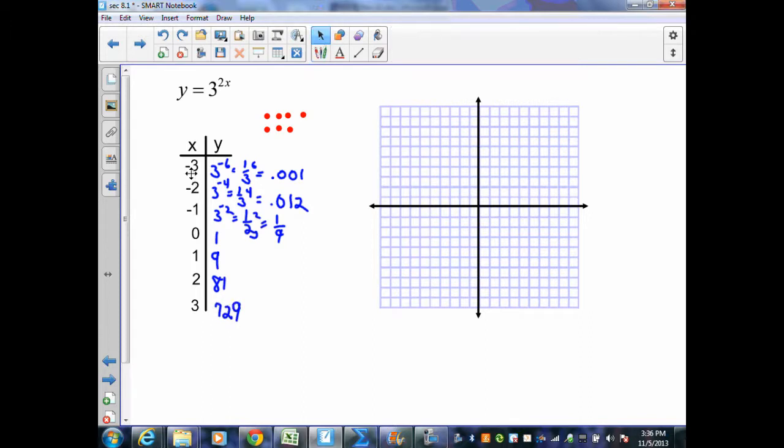I'm going to have negative 3, 0.001, extremely close, but will not intersect the x-axis or y equals 0. I have a next point, which is negative 2, 0.012. My next point, negative 1, is 1/9.